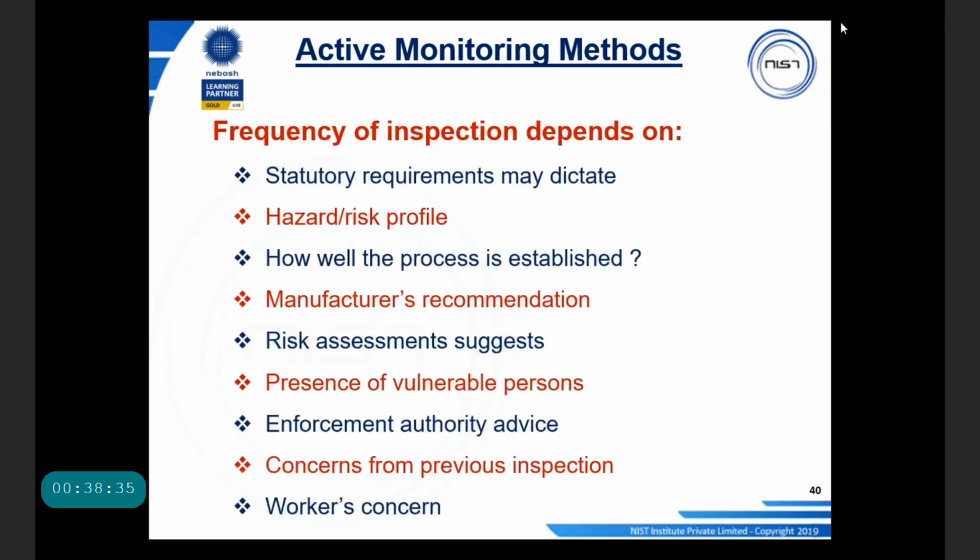All right, this is interesting because these are some factors you're going to consider when deciding on what should be the frequency of inspection. Frequency, meaning in how many days am I going to repeat this inspection? So these are some factors you may want to consider.